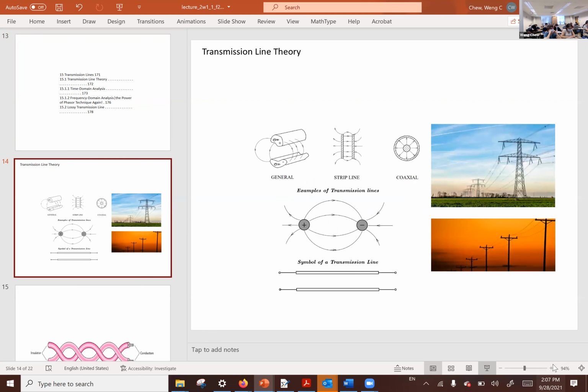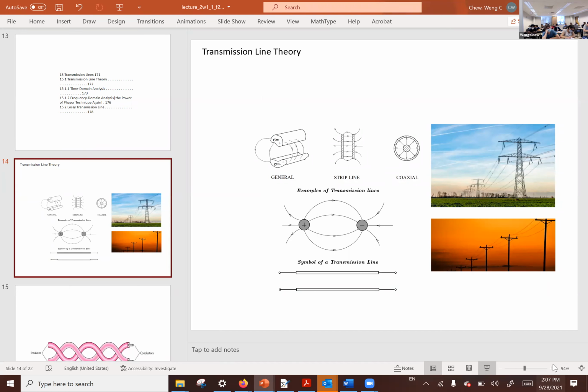Transmission line theory can be used to describe a number of things, as long as there are two parallel pieces of wire. You can use that as a transmission line. It can also be a power line.